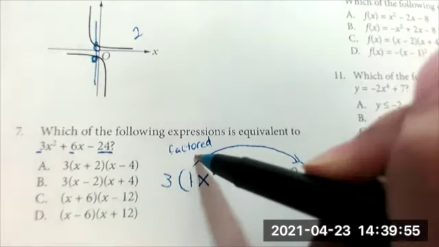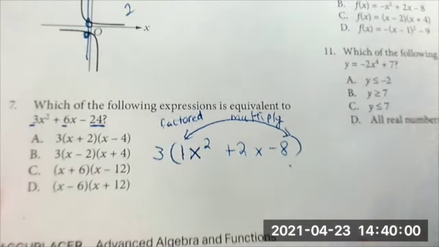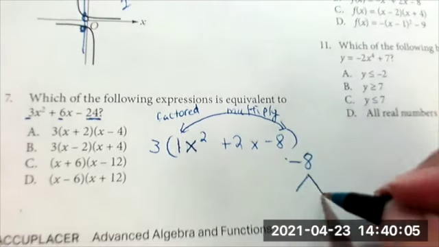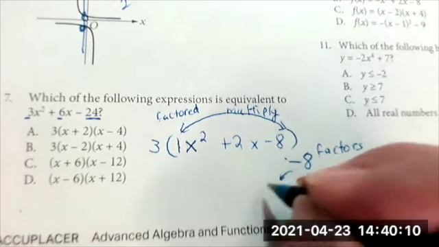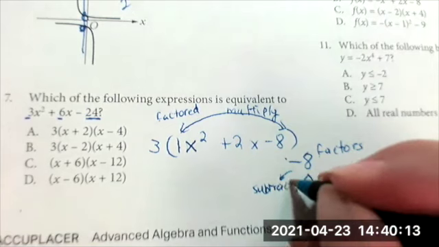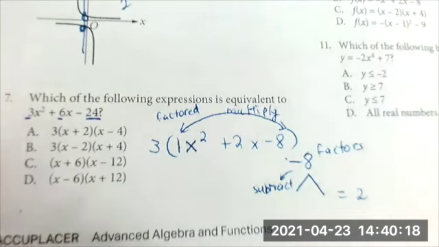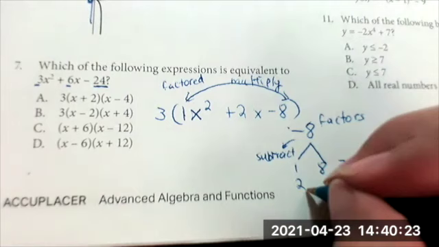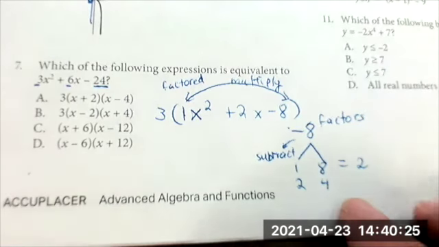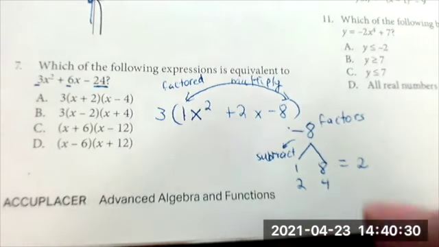From here, I like to use this method. This is what I like to do here. I like to multiply these two numbers, and that's going to give me negative 8. And then I'm going to get factors of 8 that subtract, because it's negative, to the middle number, which is 2. So we have 1 times 8, that gives you 8. 2 times 4, that gives you 8. I subtract these, then the ones that give me 2 is this one.